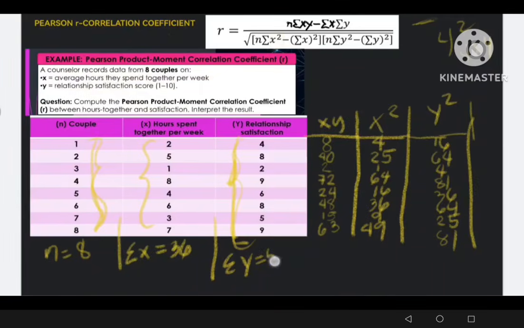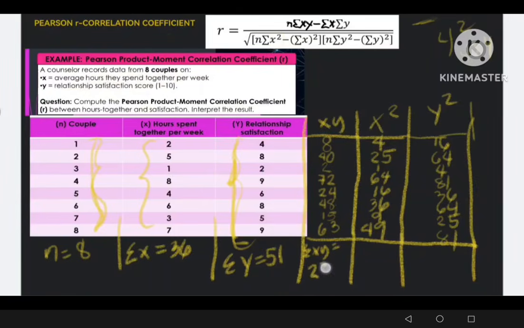Calculate that, and it's 51. And we also have the summation of X times Y. We add 8 plus 40 plus 2 plus 72 plus 24 plus 48 plus 15 plus 63. If you add that using your calculator, you come up with 272.